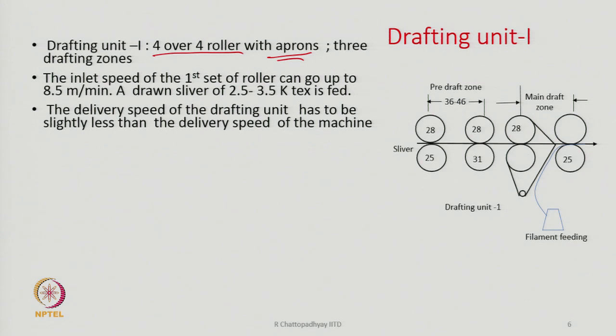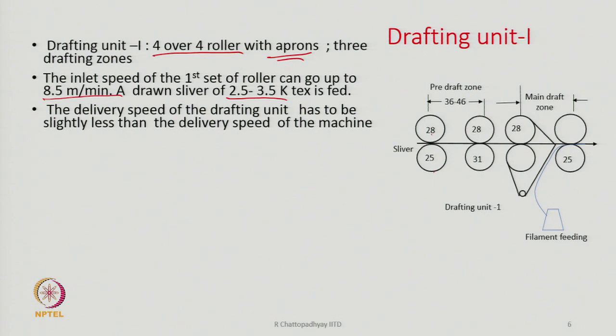The inlet speed of the first set of rollers can go up to 8.5 meters per minute. That means the surface speed of these rollers can go up to 8.5 meters per minute, and typically the sliver which is fed here is a little thinner in comparison to the sliver that we produce on carding machines or on draw frames.